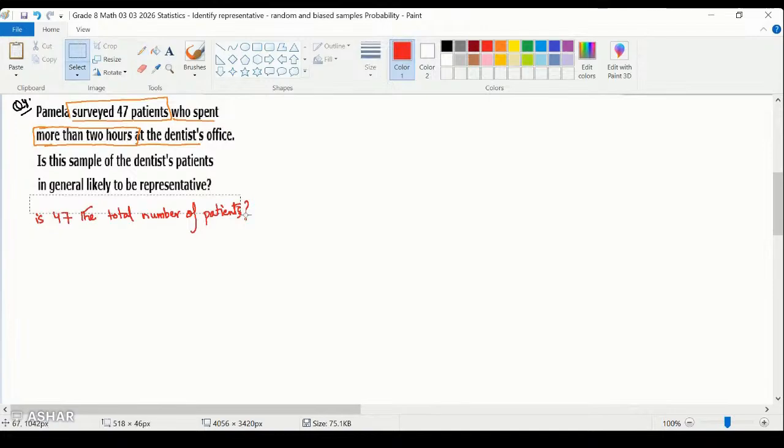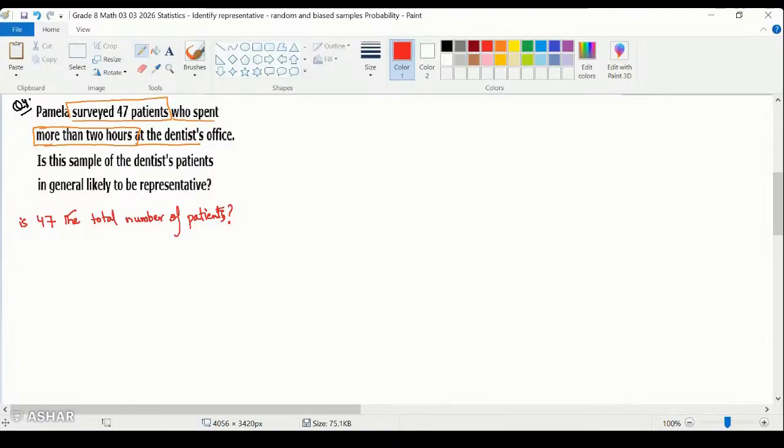Does 47 represent the total number of patients who are spending more than 2 hours? See, she did a survey, maybe on a particular day, or maybe in a particular week, but some patients were not there who spent more than 2 hours, right?